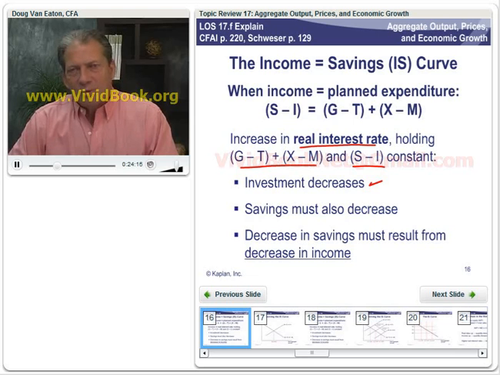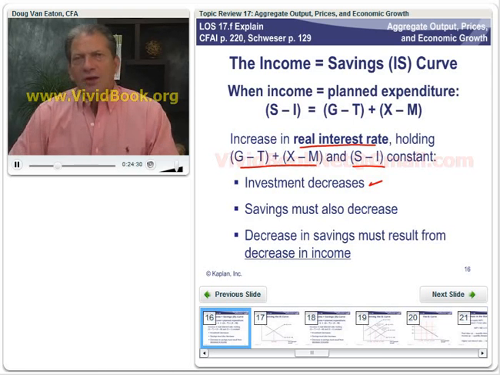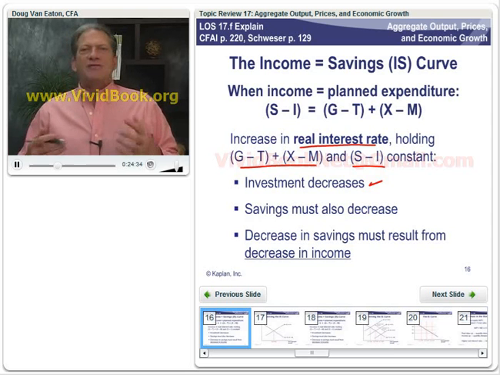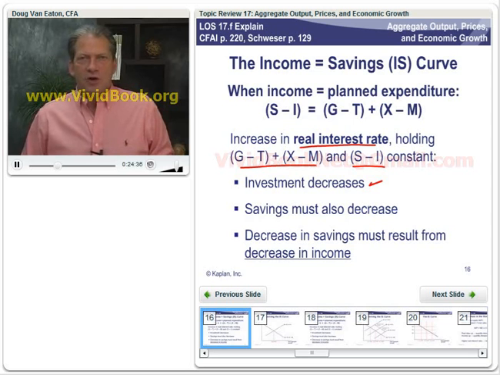Well, that's a problem, because when income goes up, savings goes up. But when real interest rates go up, savings goes up as well. So the only way we can maintain this balance, okay, after an increase in the real interest rate is for equilibrium income to decrease.